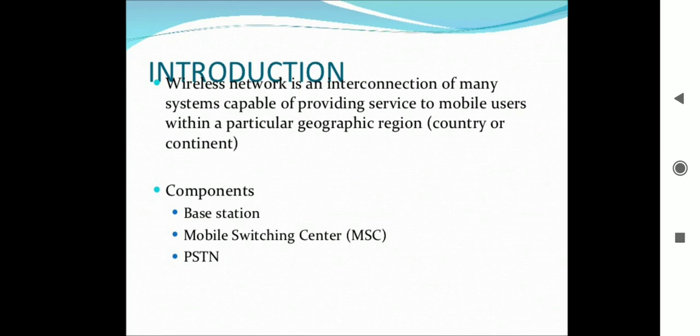So the cellular system is very important from the communication system point of view, and it is needful to study the working principle and the block diagram of this system and how exactly it works.